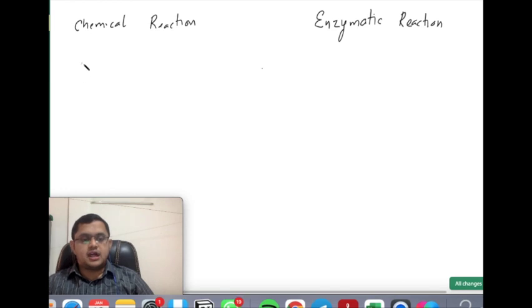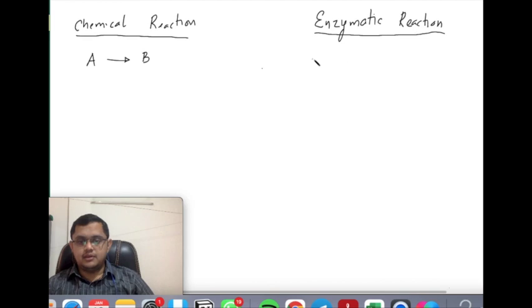Let me start writing the stoichiometric equation, the same equation as we mentioned previously. Here, A is converted into B. This is a chemical reaction. How does the same reaction happen in the presence of enzyme? Here A binds to the enzyme, forms an enzyme-substrate complex, and then it is converted into a product.